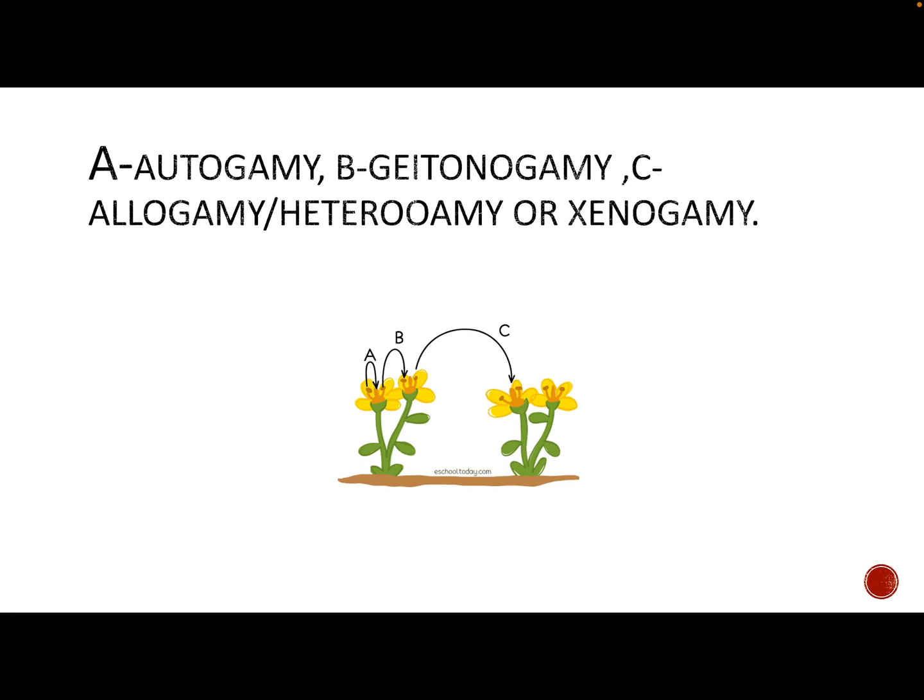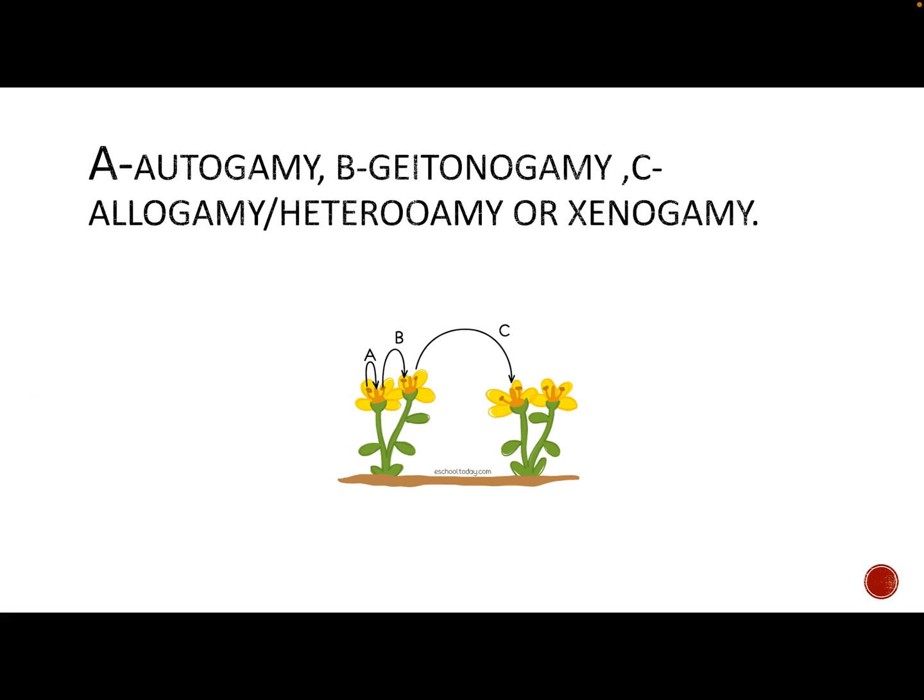Here in this diagram, I have summarized my slide on self pollination and cross pollination. Here in figure A you can see this is autogamy, self pollination, and in figure B this is geitonogamy. Here the pollen from one flower is going to another flower of the same plant.